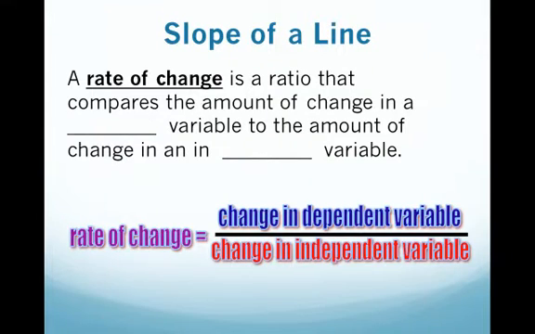The formula for rate of change is the change in the dependent variable, which is the y variable, over the change in the independent variable, which is the change in x.